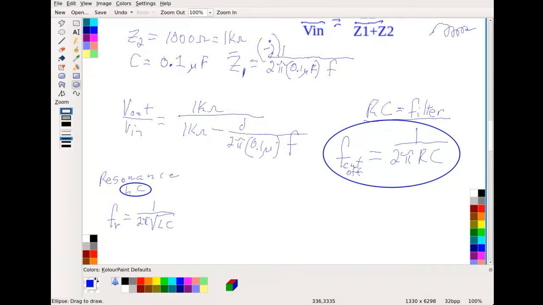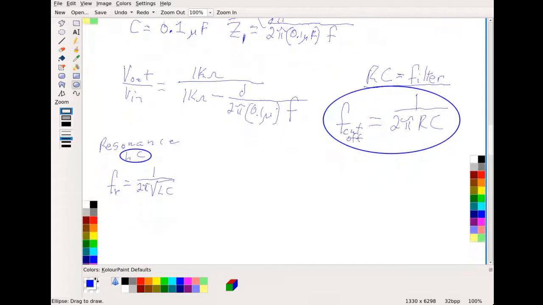So you see the similarity here, hopefully. It's very closely related to the resonant frequency in an RLC circuit, or basically just the LC piece. So if we're going to build an RC filter, we get this critical equation telling us what that frequency is.